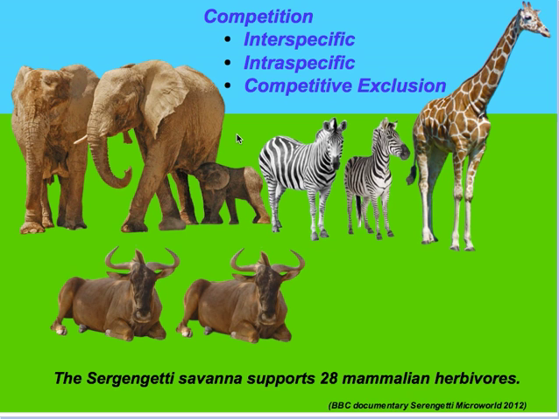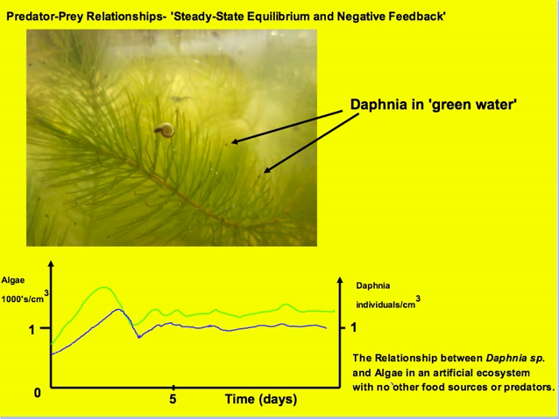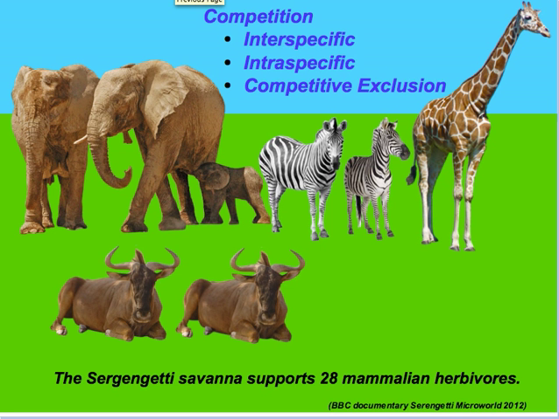And the same principle operates within a given species population, where we have only the strongest ones winning the struggle for existence and being able to reproduce and pass on their genes to the next generation. So 3 terms to be familiar with are interspecific competition, intraspecific competition, and competitive exclusion.